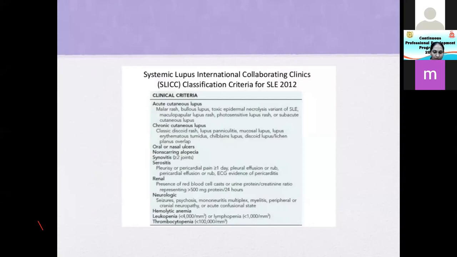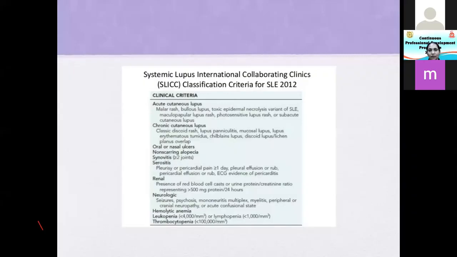Now, you remember earlier when we were students, we used to learn the features in diagnosing criteria, or classification criteria rather. We were told about 11 features, 4 out of 11 would be in favor of SLE.